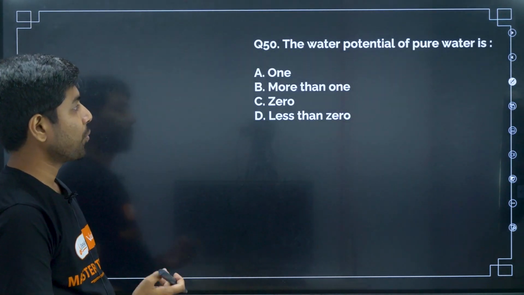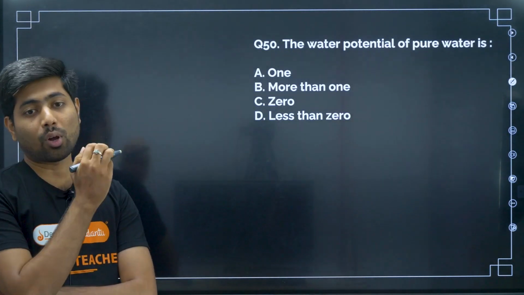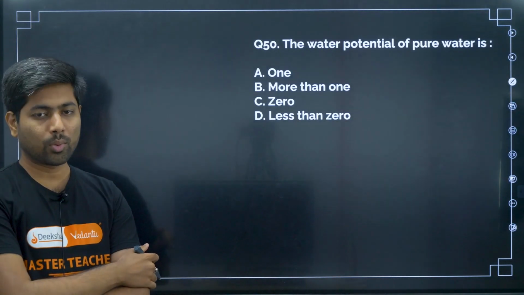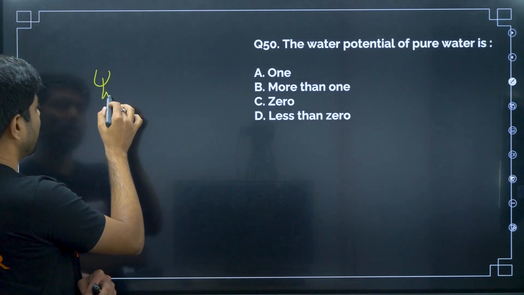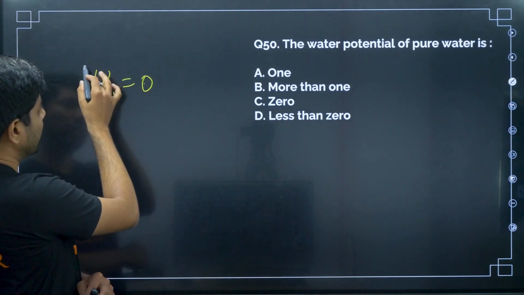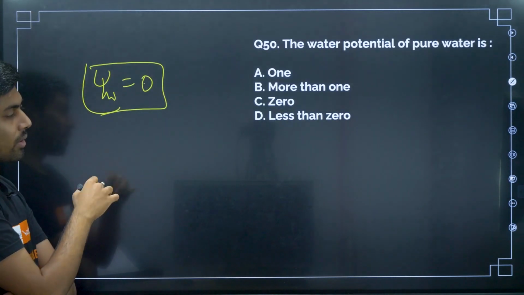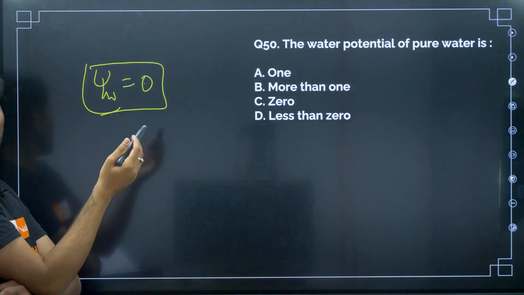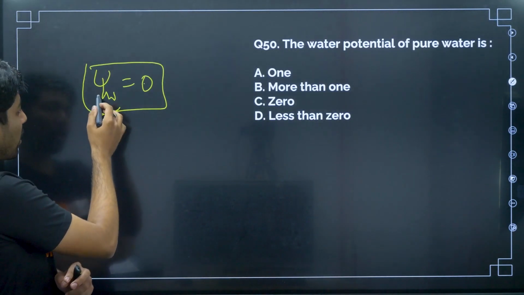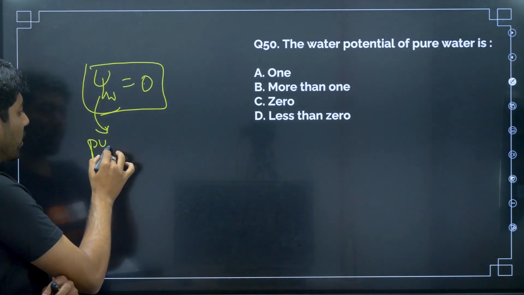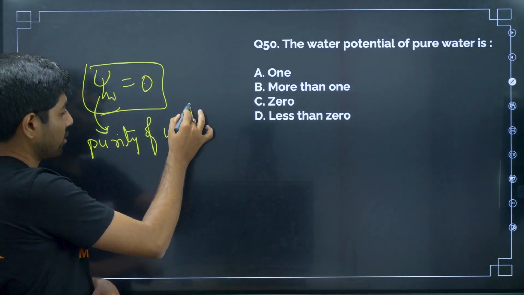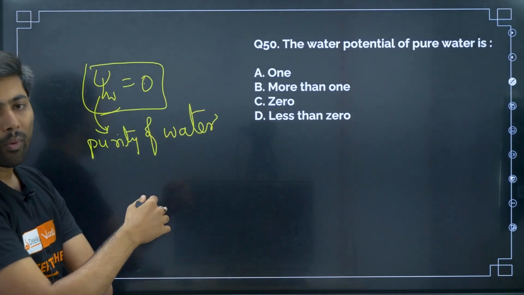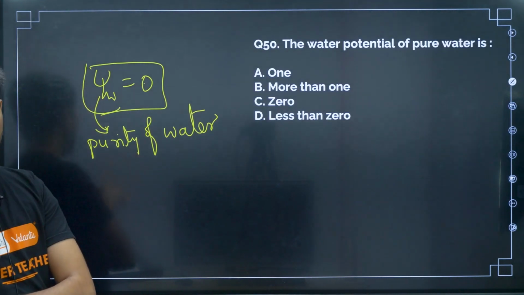Now water potential of pure water is what? Now this is also again from a deleted chapter, mineral nutrition. Water potential of pure water is 0. Now why is it 0? Because water potential is basically purity of water. One person says purity of water is 100%.